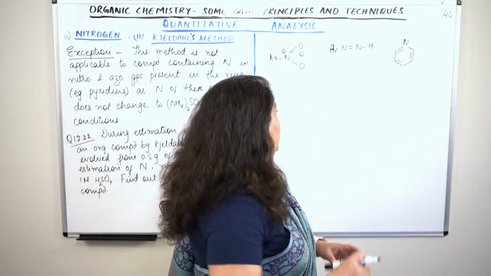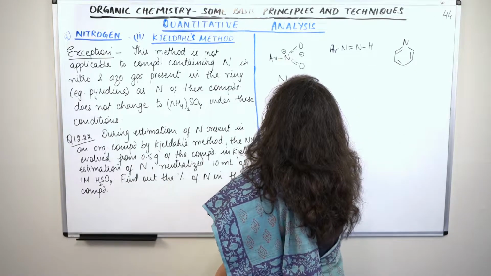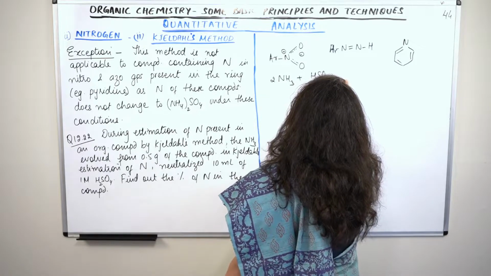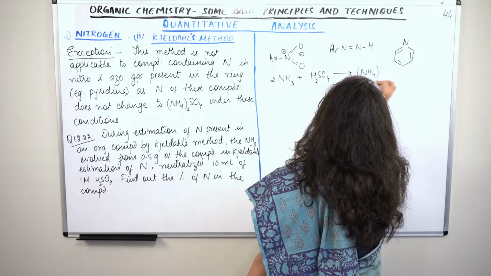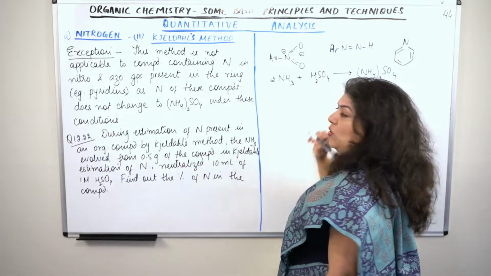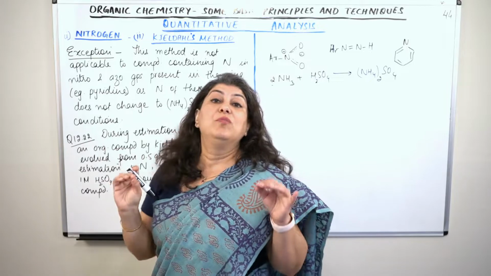So what are we going to do? What is the reaction of interest to us? Two NH3 react with H2SO4 and result in the formation of (NH4)2SO4, ammonium sulfate. For every 1 mole of sulfuric acid, you need 2 moles of ammonia if they have the same molarity.